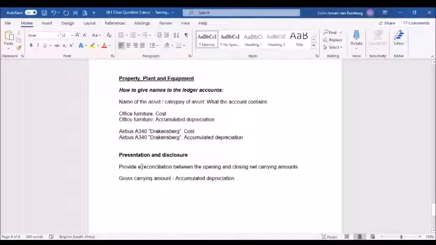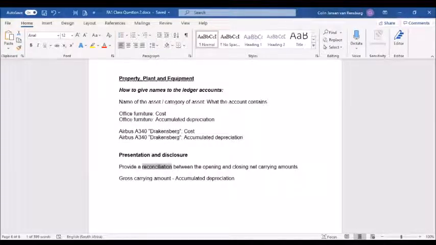Now it also states we must provide a reconciliation between the opening and closing net carrying amount. So that means in this reconciliation, which is the structure of our property, plant and equipment note, we will have to start with the gross carrying amount or cost, as well as the opening accumulated depreciation, and we must then end this with our closing balances at the end of the financial year, for the cost or the gross carrying amount and the accumulated depreciation.